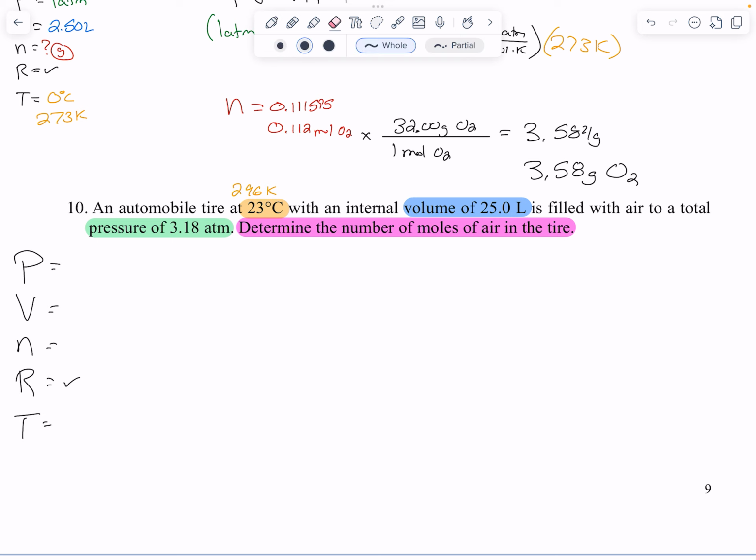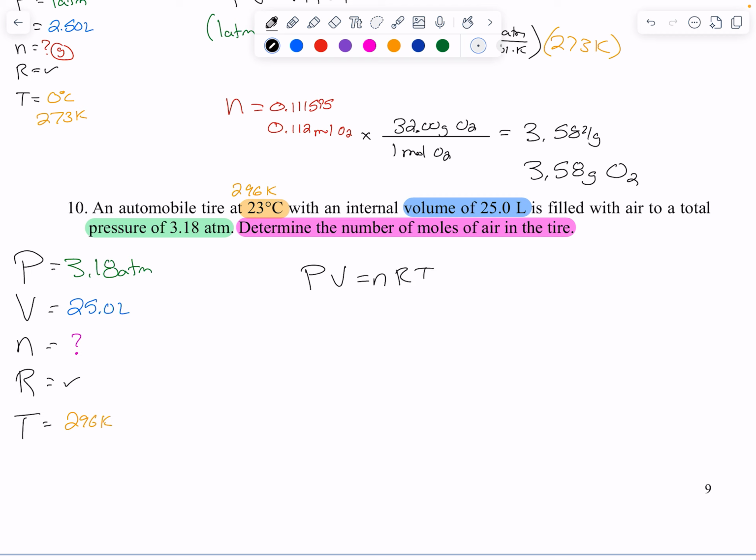All right. 3.18 atmospheres is our pressure. 25 liters is our volume. We don't know the moles, we're solving for that. We know R, and temperature is 296 K. So this one, PV equals nRT. Again, we are solving for n. So that means PV over RT is n.